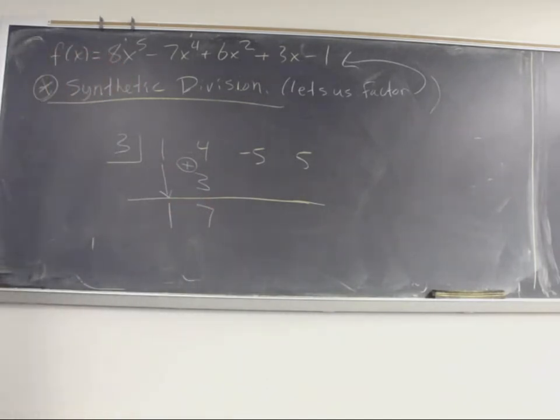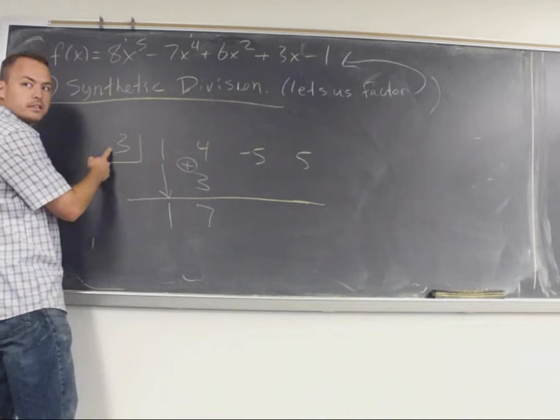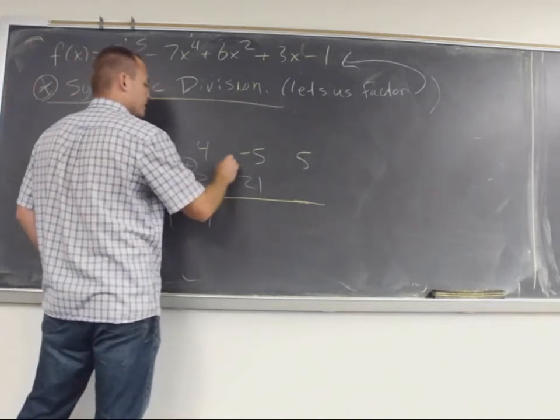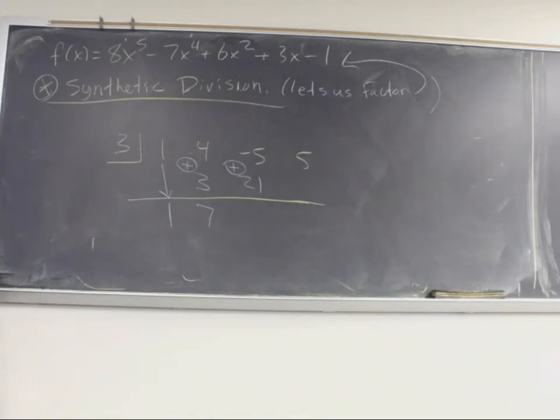You need to start writing now if you haven't started already. So when you have a number down here, you take it and multiply it by the box. 7 times 3 is 21. That goes here. And you always add down. See if you can finish the last two out. So when you add down here, you get 16.